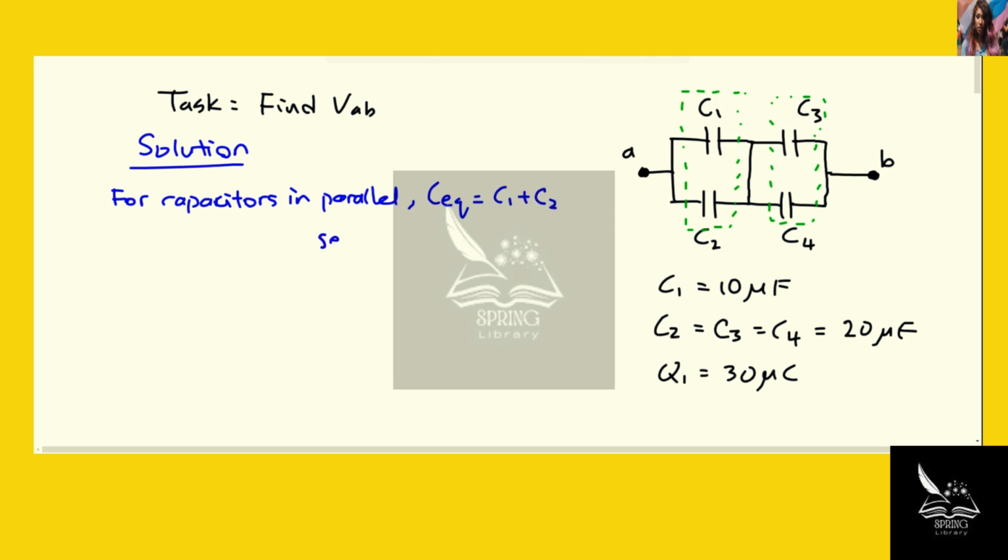And in series, you have 1 over equivalent capacitance equal to 1 over C1 plus 1 over C2. So the two parallel networks are: the left one is 30 microfarad, and the right one is 40 microfarad.